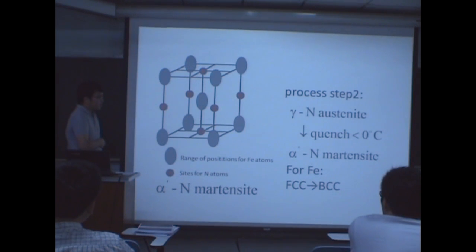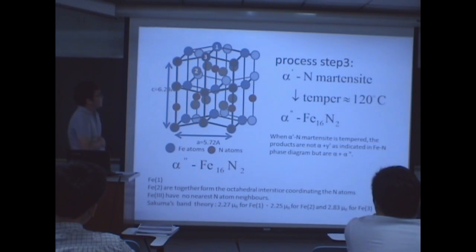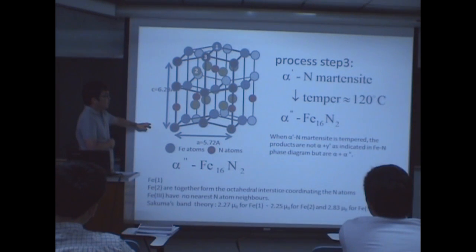As a consequence, where the hole is occupied, the iron ions are pushed apart in the spin direction. In step three, alpha double prime is obtained.